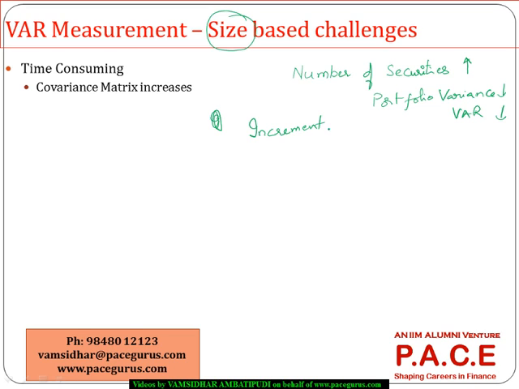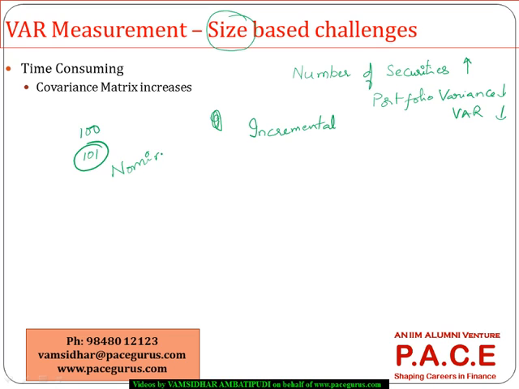Let's say I already had 100 securities in my portfolio and I have added the 101st security. Whatever is the incremental diversification benefit that I am going to get will be very nominal.